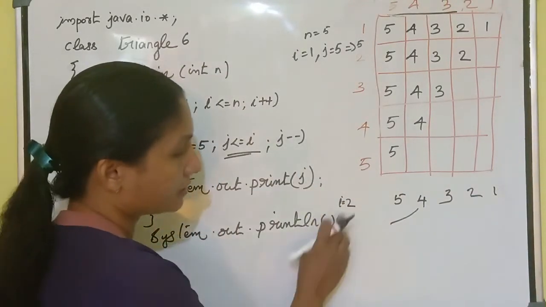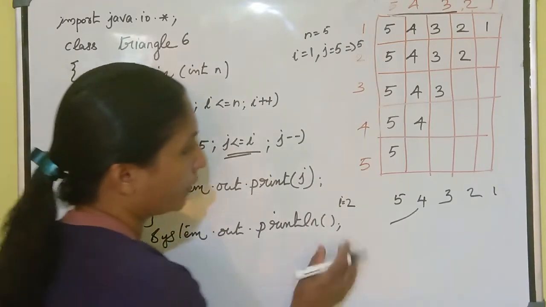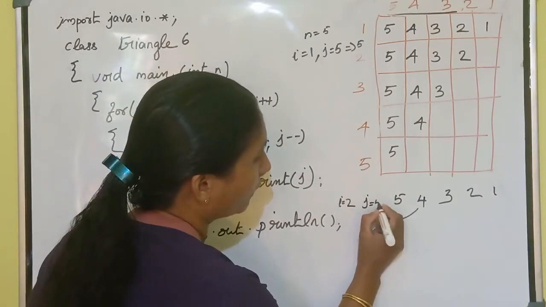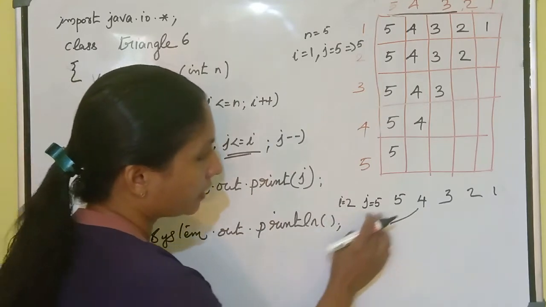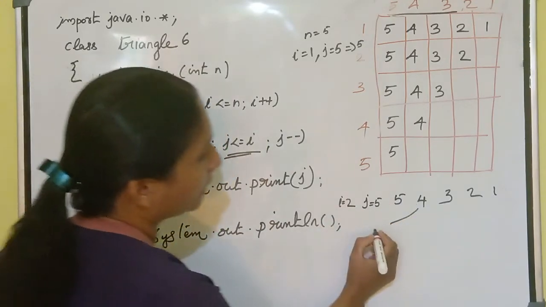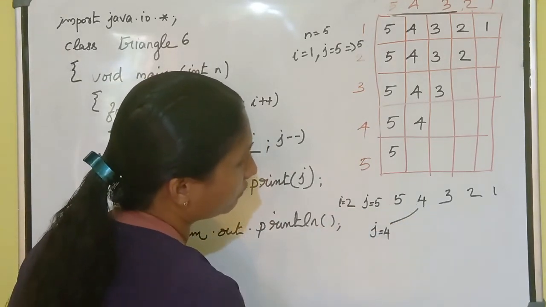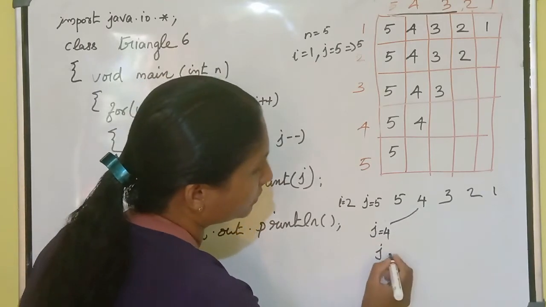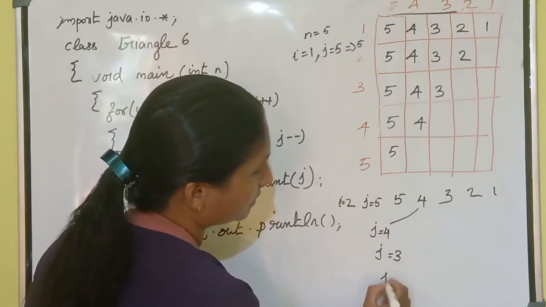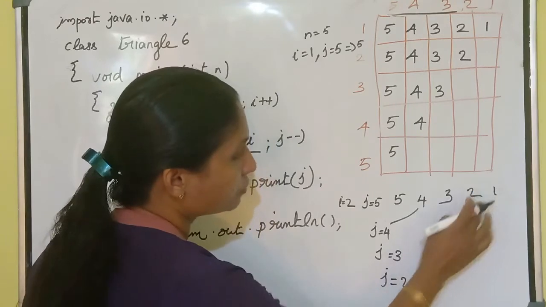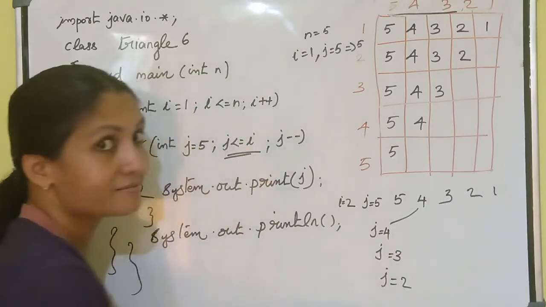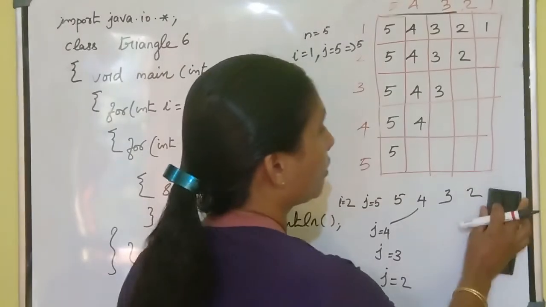And in the second case, see, j is again starting. That means the value of i is equal to 2. But j starts from 5, we know. That means in this one we will get a 5. Again j is decreasing, you will get a 4. j is equal to 3, you will get a 3. j is equal to 2, you will get a 2. See, the limit ends. Then 1 will not be printed.